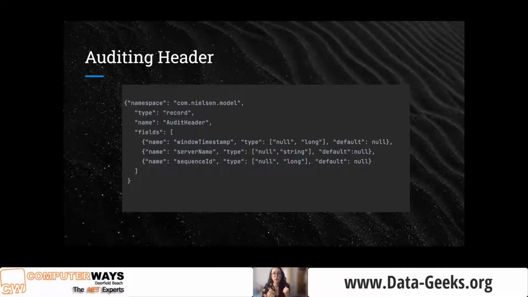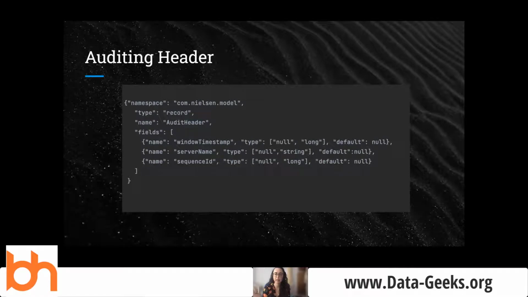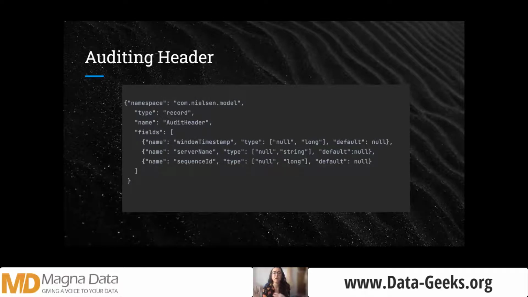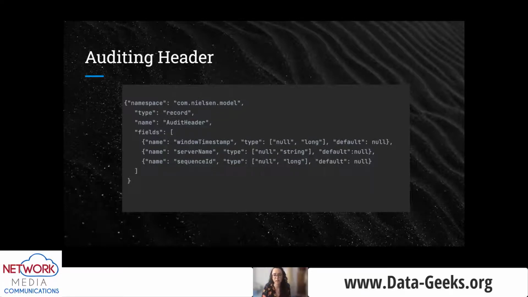So now we'll be able to count. We already have the counter telling us how many events were produced by that process running on that server. And having the auditing header, we'll be able to count how much data actually arrived to the other side, into the RDR. Next slide.